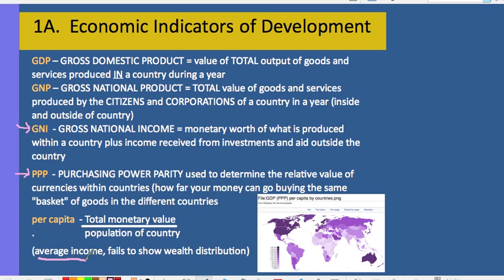Now, this is helpful, and this is what is used, GDP per capita. This is what is used for the economic indicator for HDI. The problem with this is that it doesn't show you the wealth distribution. It doesn't show you what percentage of the people are very, very wealthy, what percentage of people are poor, are most everybody equal in their wealth, or do you have a high inequality gap?